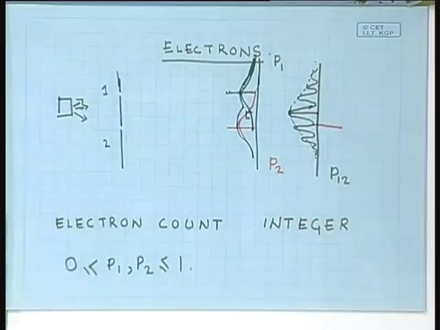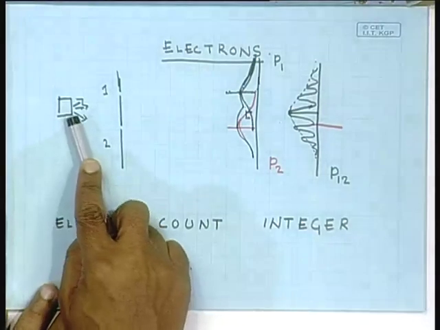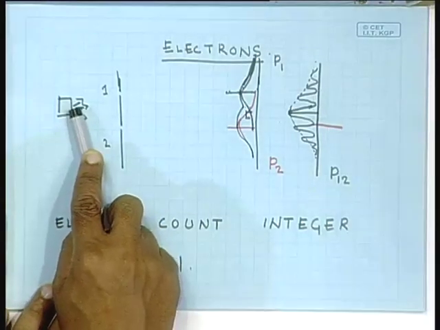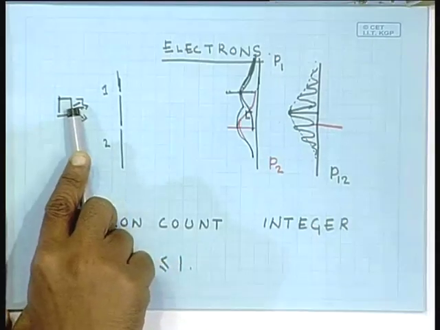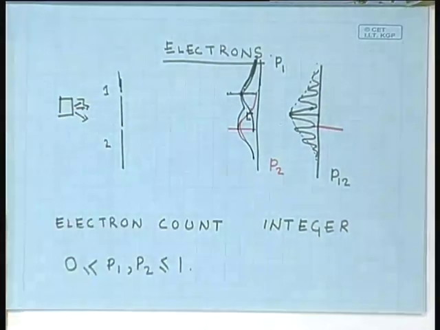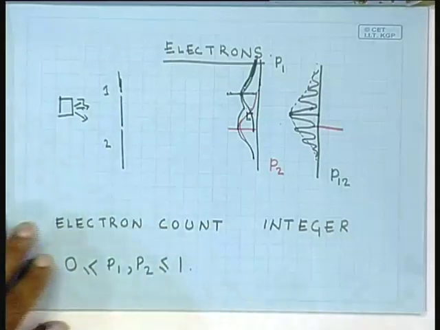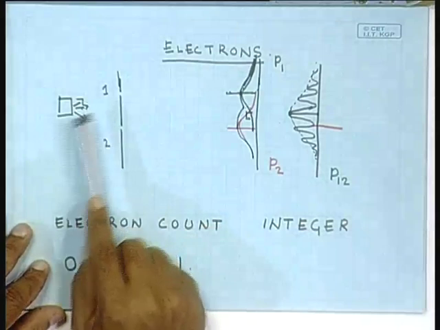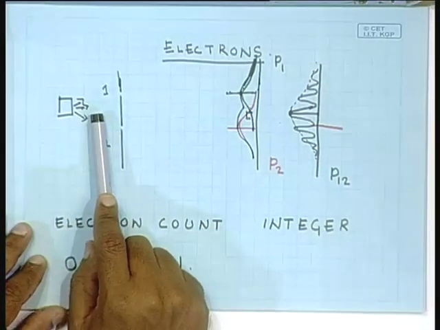So, let me go through the picture. Consider an electron which is sent out from this device which sends out electrons. Instead of thinking of this electron as a particle, we will think of it as a wave psi.